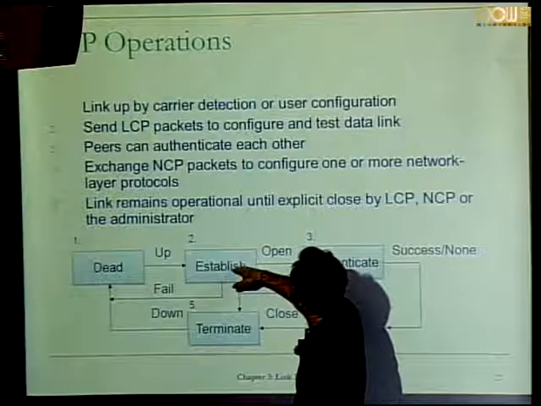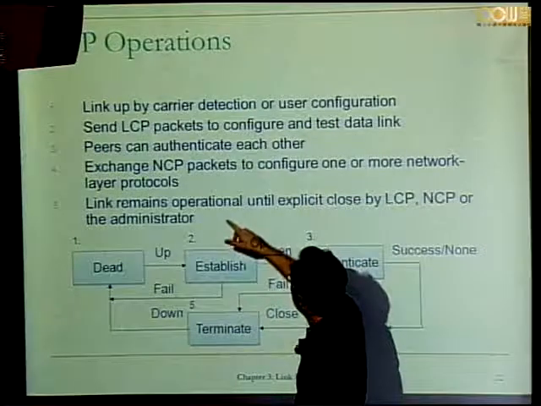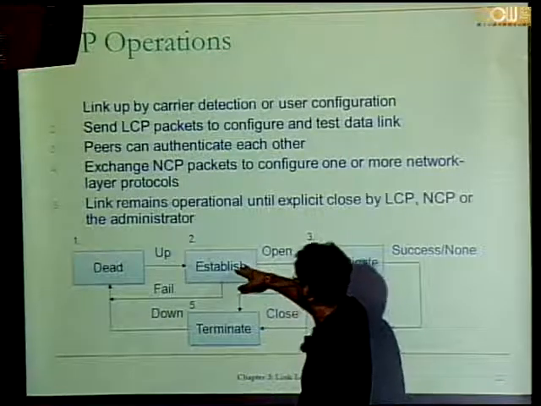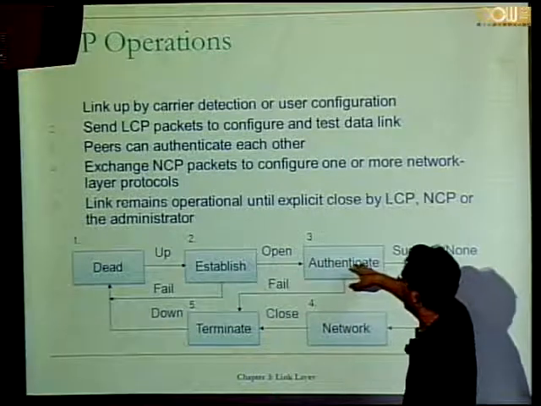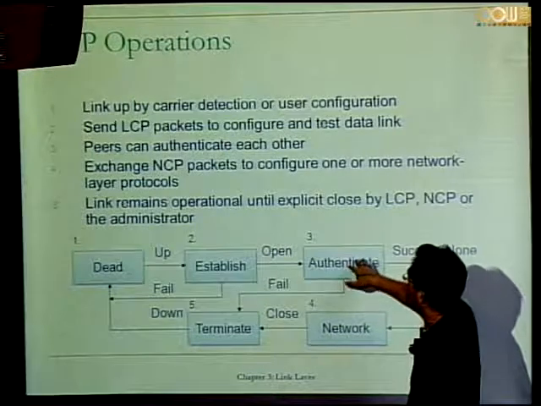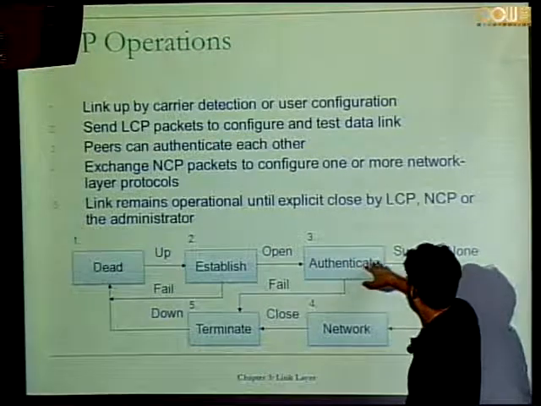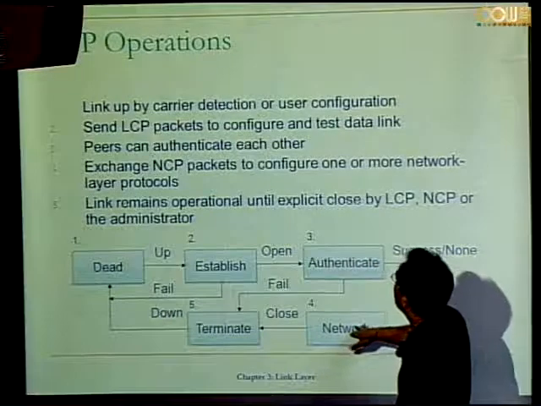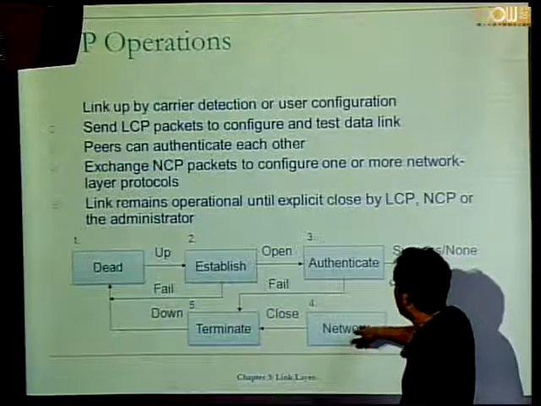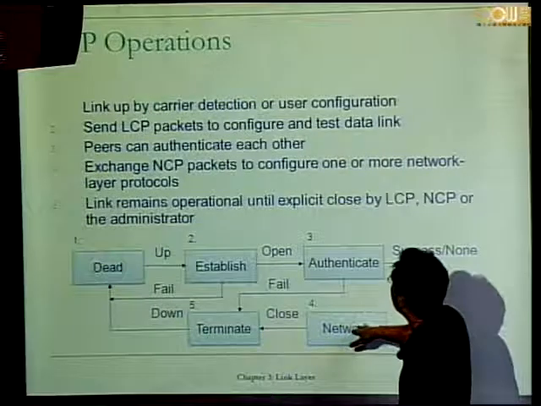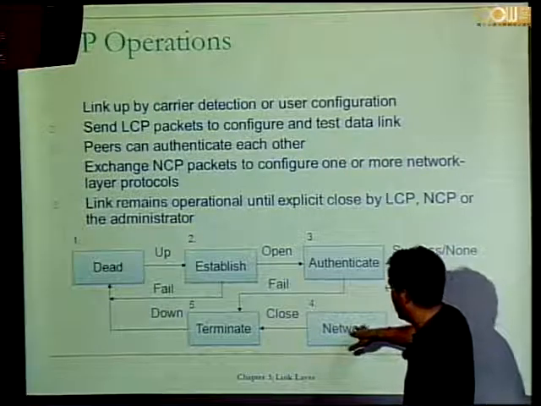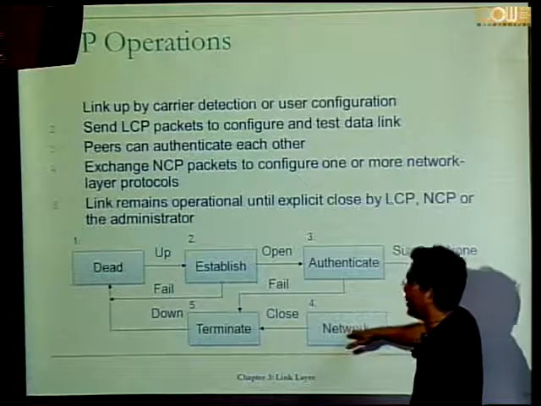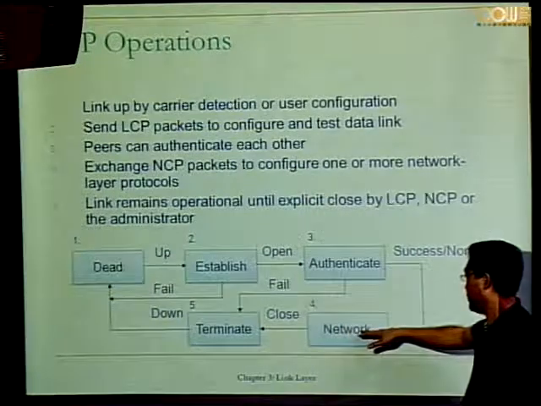You exchange the link level parameters, and that's done by LCP to negotiate the link layer parameters. And then after that, you do authentication to log in. And then you use NCP, perhaps IPCP, to configure first of all the network layer parameters, and then once done, you start to send data frames.